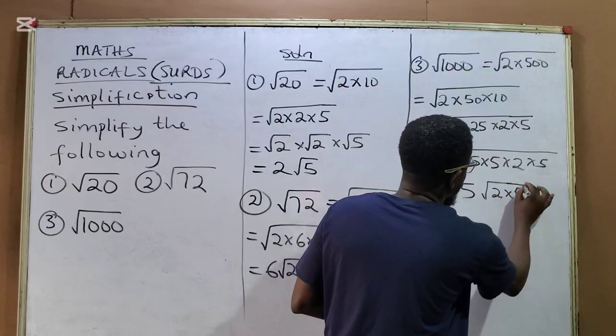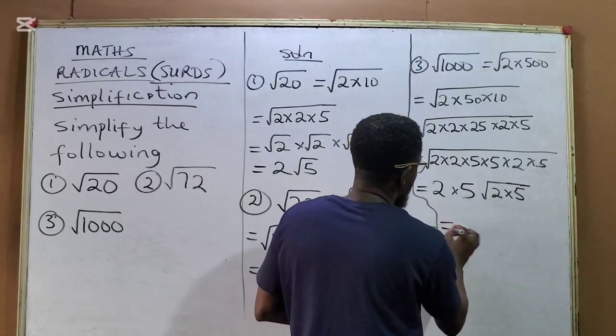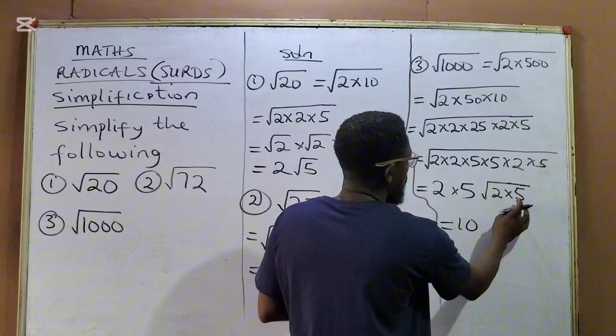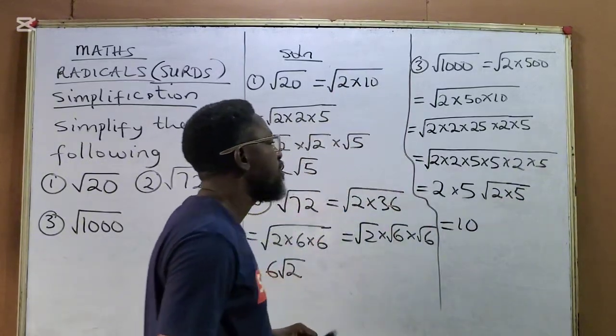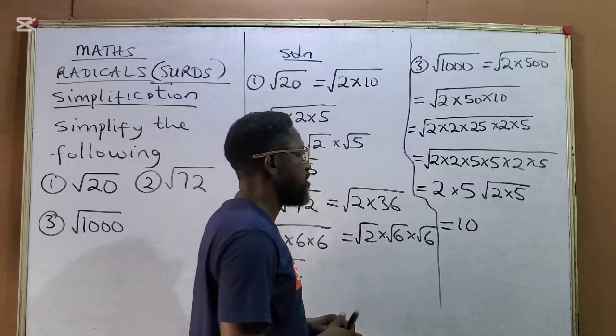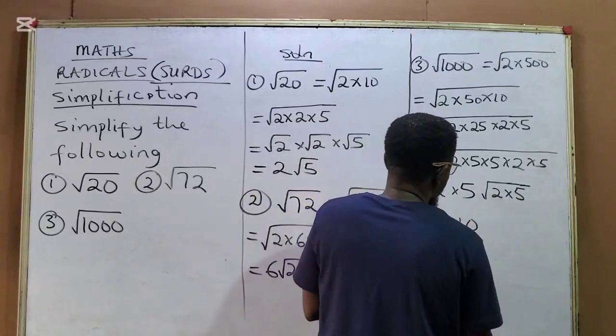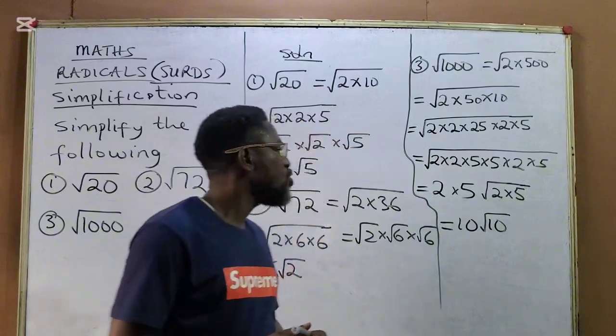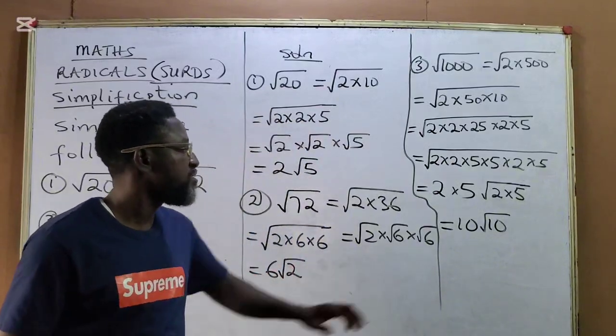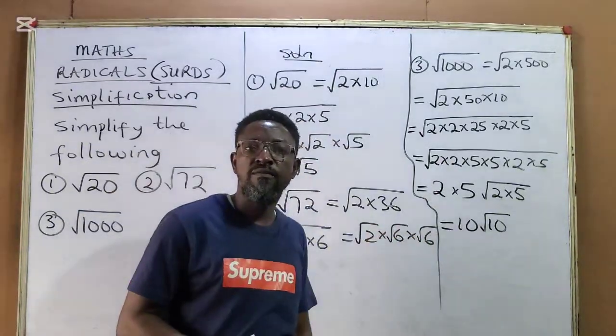You cannot separate this one. So we apply the first rule of radicals. Multiply 2 by 5, and that will give us 10. So the answer to that becomes 10 root 10.